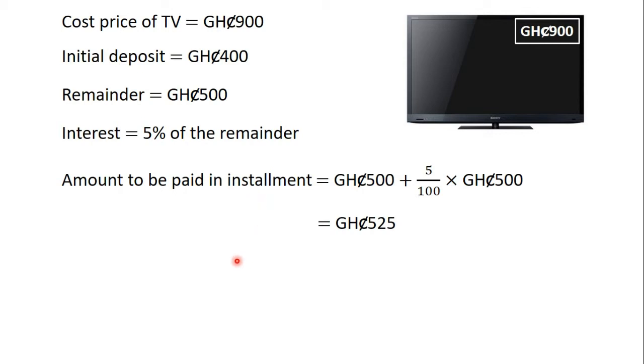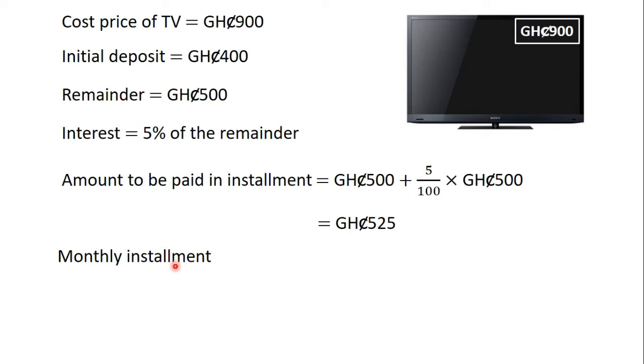Remember that he agreed to pay it in equal monthly installments for 12 months. This means that this 525 Ghana cedis was divided into 12 equal parts. So at the end of each month, Kofi will pay one part, from the first month to the 12th month.